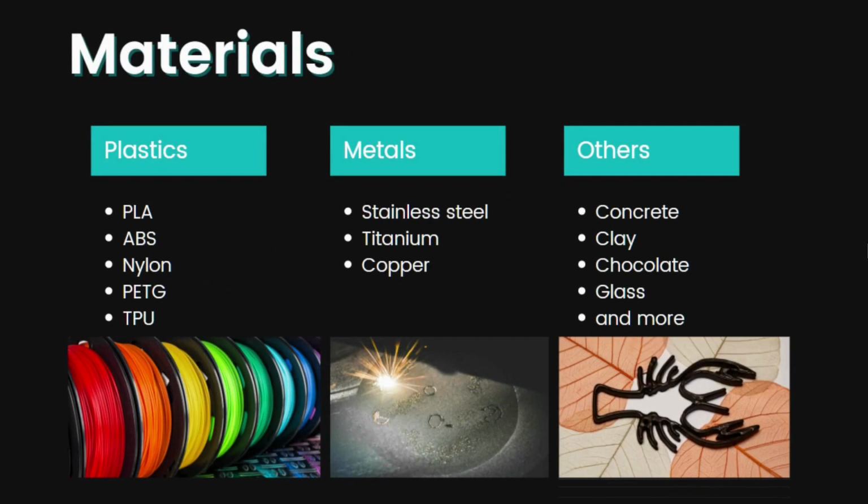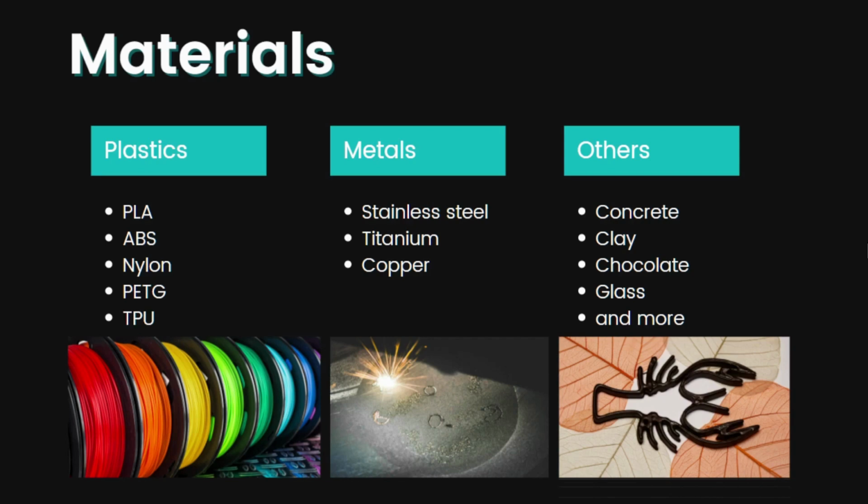Some common materials that 3D printers use would be PLA plastic, ABS, nylon, PETG, TPU. These are all plastics. Some metals available would be stainless steel, titanium, copper.